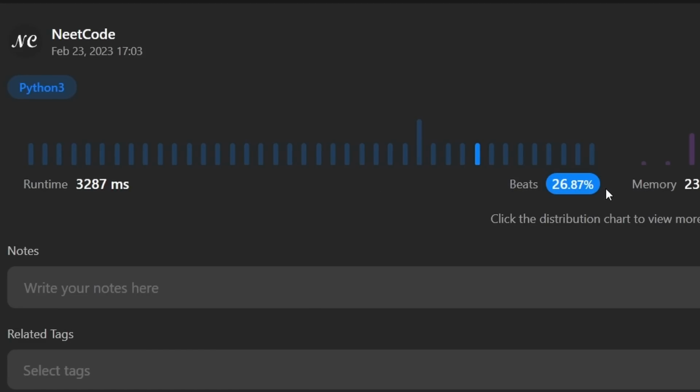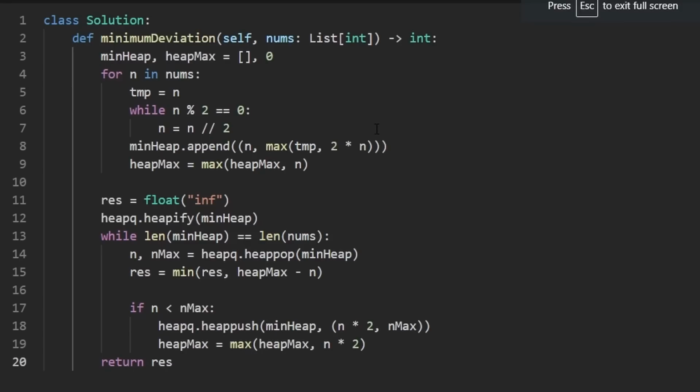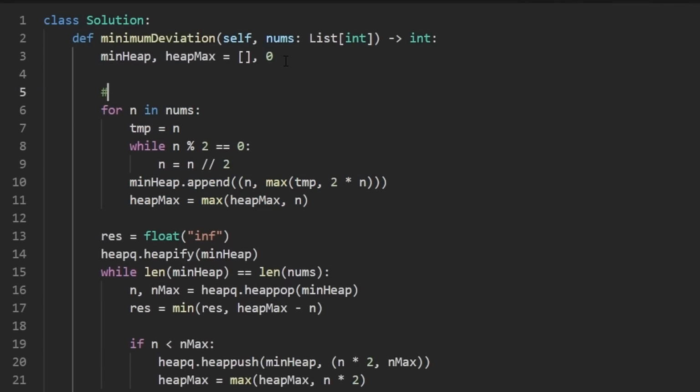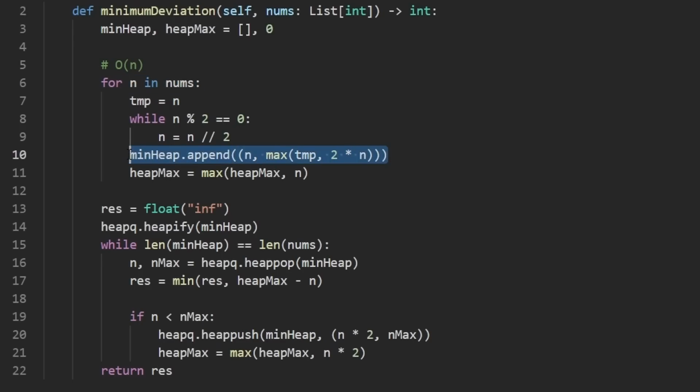But don't let the Leetcode runtime confuse you. In terms of big O time complexity, this loop over here is going to run in big O of n. Let's say n is the number of elements in the input array. Appending here, we're just appending to an array, so that's not going to take any time complexity. But here we have a while loop. Now, how many times can you take a number and divide it by 2 until it equals 1?